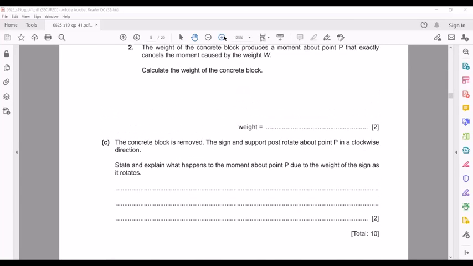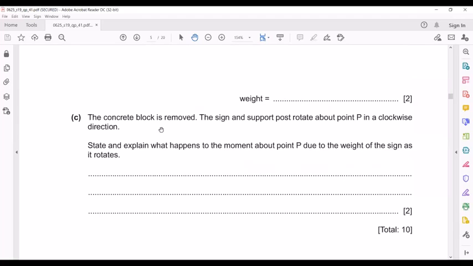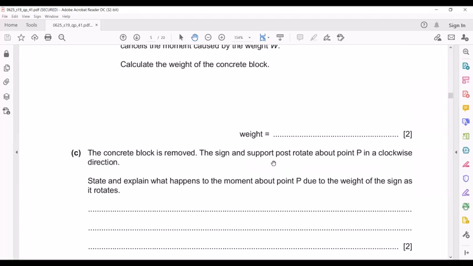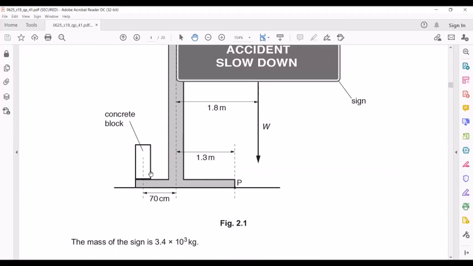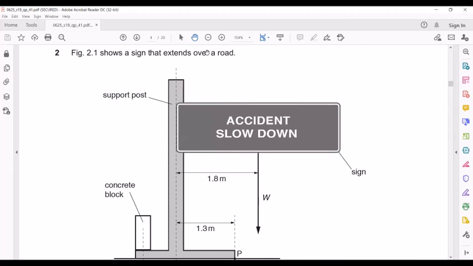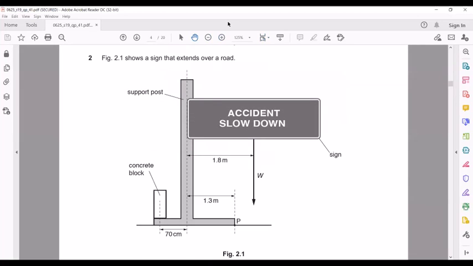The next part: the concrete block is removed. The sign and the support post rotate about P in a clockwise direction. State and explain what happened to the moment about P due to the weight of the sign as it rotates. Look, what they mention here is that we remove this block which was placed initially as a support.